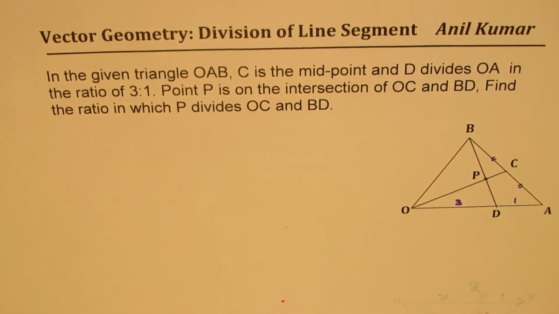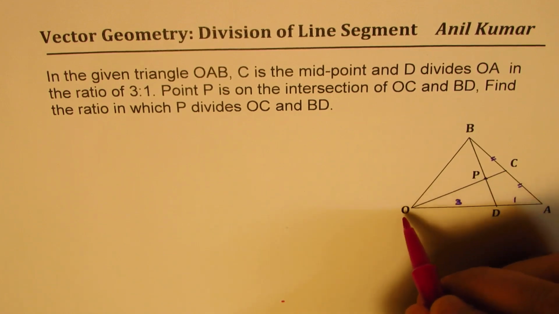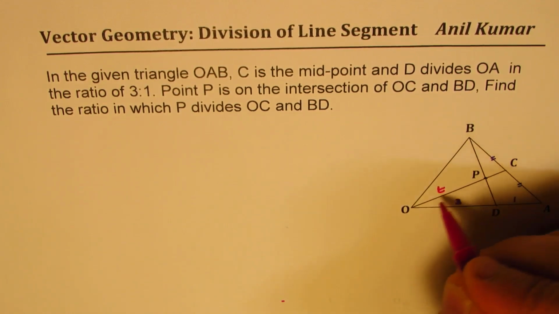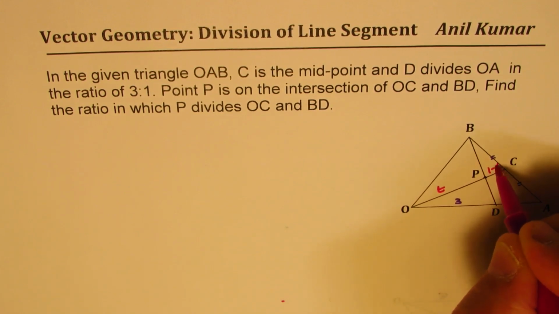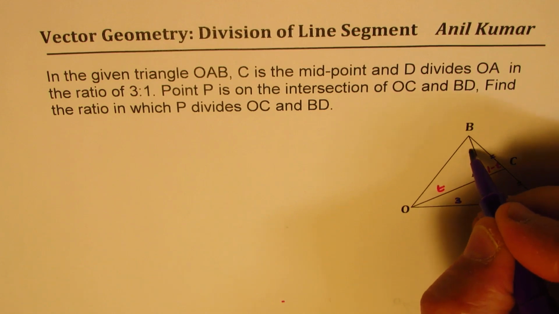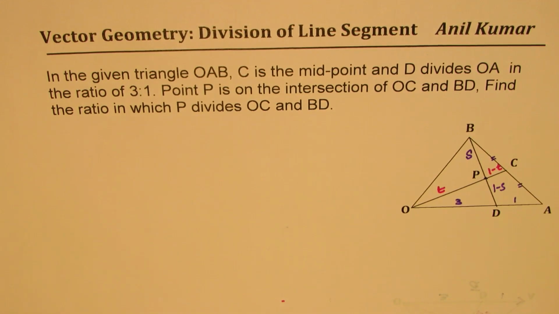Let us see how to do it. Now the approach is that we'll define parameters. So let's say this ratio BP is to PD, so then we are taking this as 1 minus t, right? The whole is 1. And on this side, let us take this as S, and then this becomes 1 minus S, correct? So that is the ratio in which P is dividing BD.